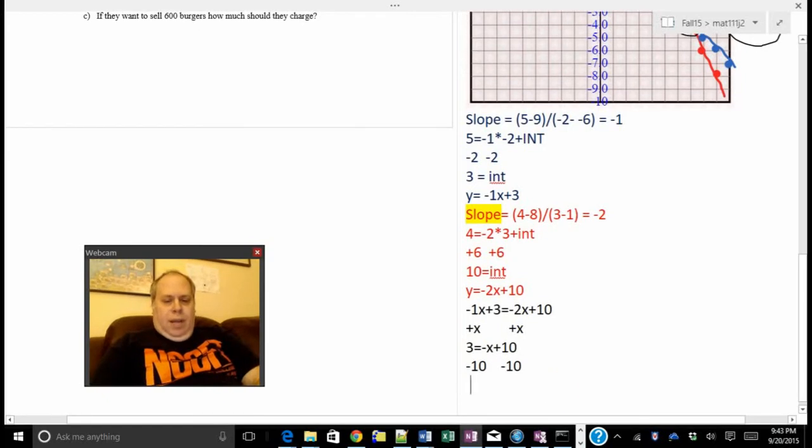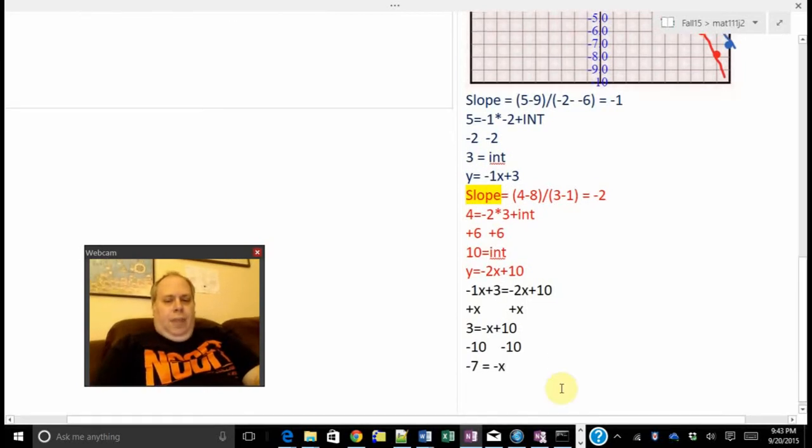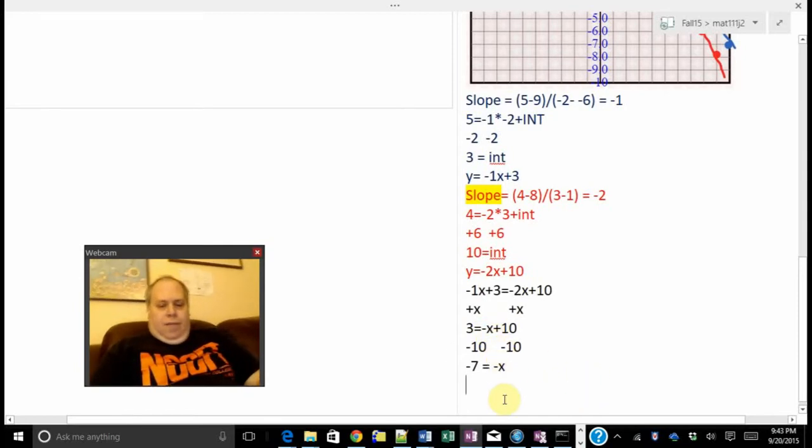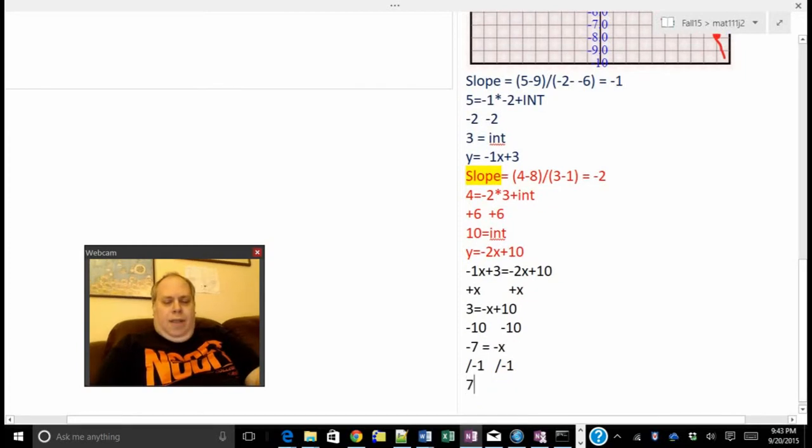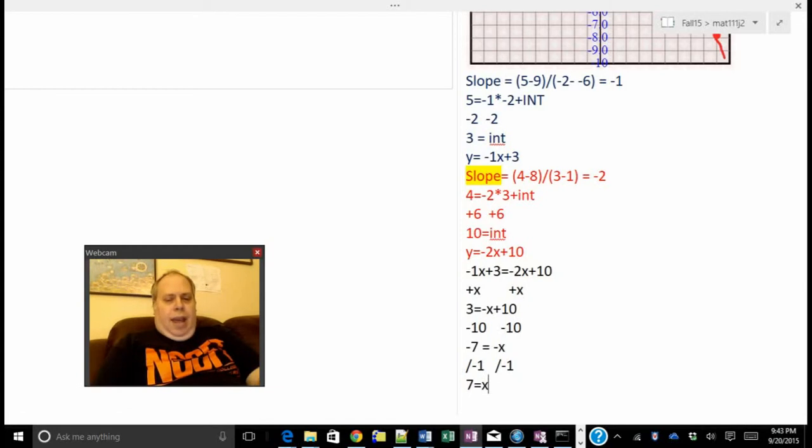And that's going to give me negative 7 equals negative x. And now, that's really negative 1x. So I'm going to divide both sides by negative 1. Negative 1x divided by negative 1 gives me x. Negative 7 divided by negative 1 is 7, so 7 equals x.